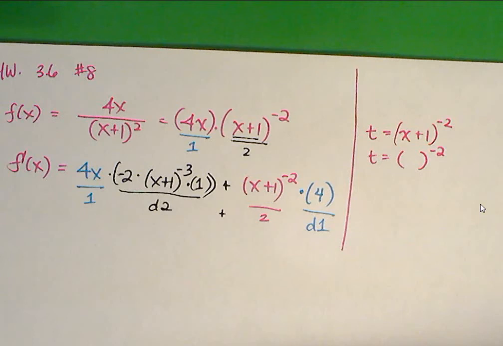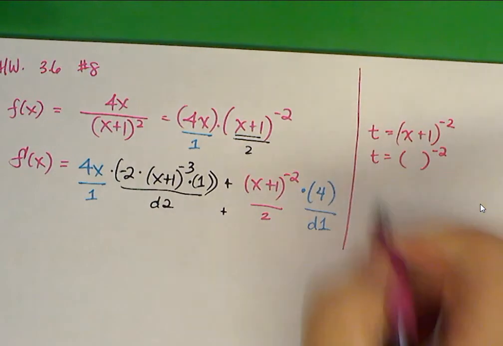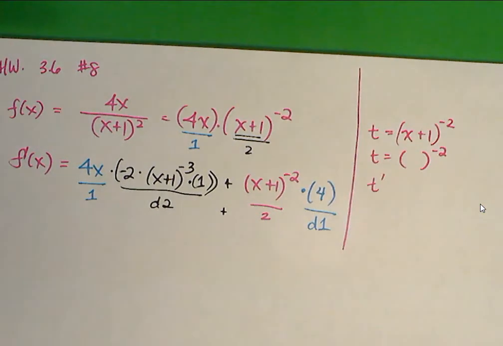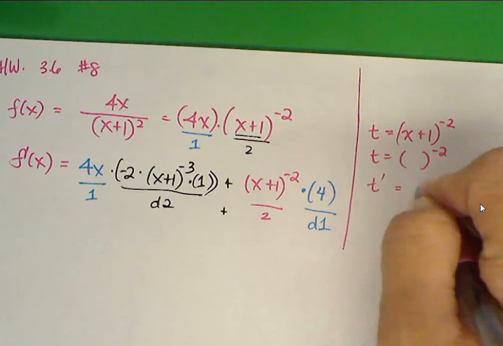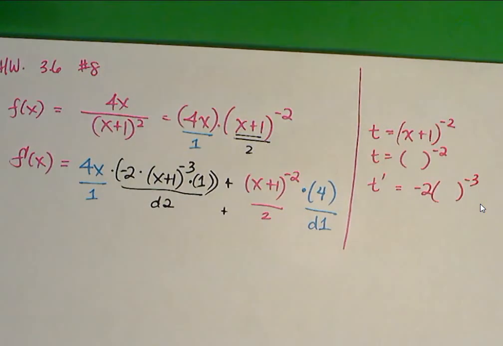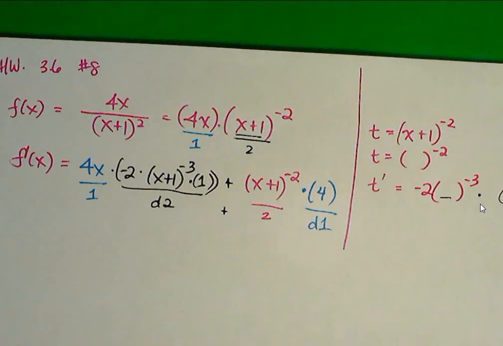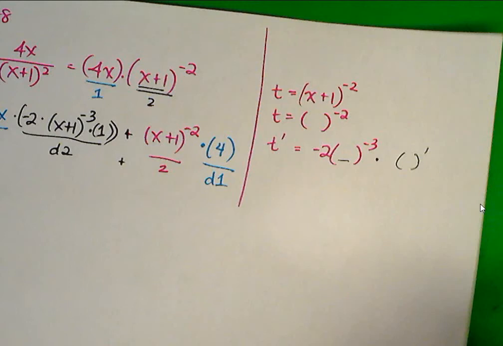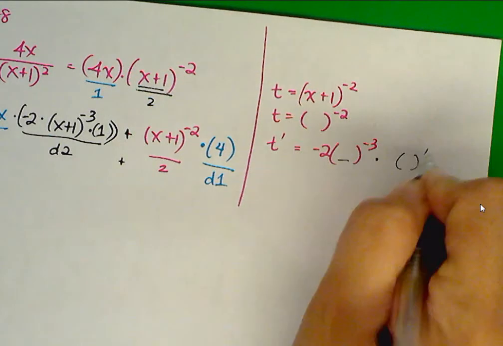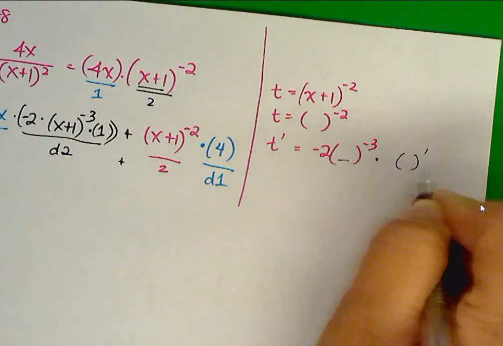How do you find the derivative? The derivative of T is going to be negative 2 times something to the negative 3, right? But when you have the chain rule, you also have to do the derivative of that something. And what is the derivative of that something? It depends on what's inside.